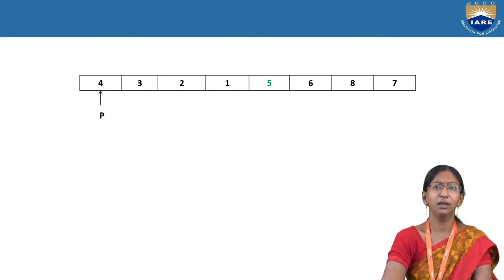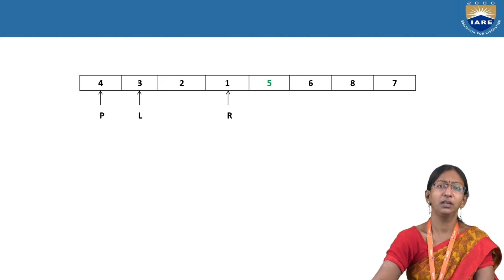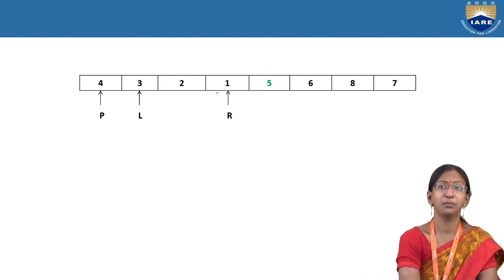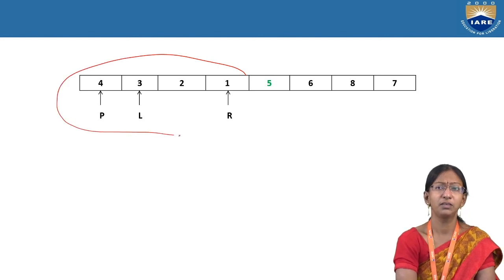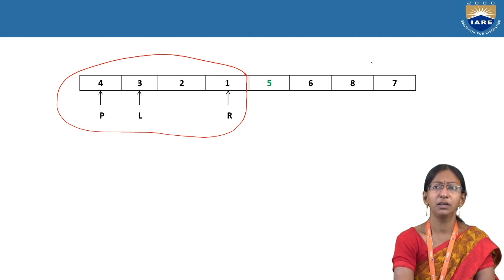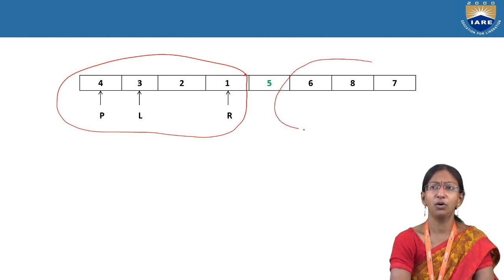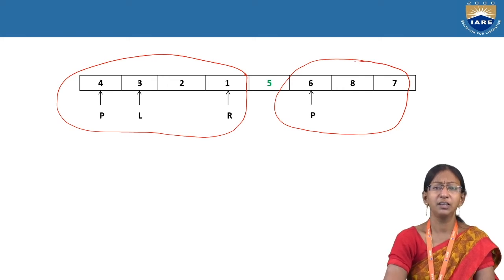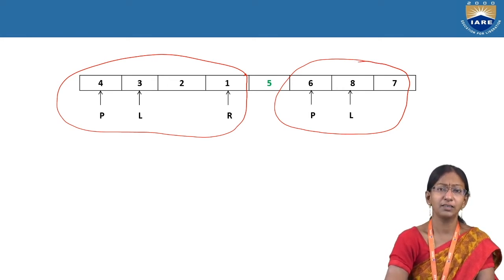Within the left subarray, the pivot element will be the leftmost, the first one greater than pivot is left, and right will be the rightmost element in the sublist. I'm talking about this sublist which is left of 5. In the same manner, coming to the right of 5, this is another sublist where 6 acts as pivot, 8 acts as left, and 7 acts as right.